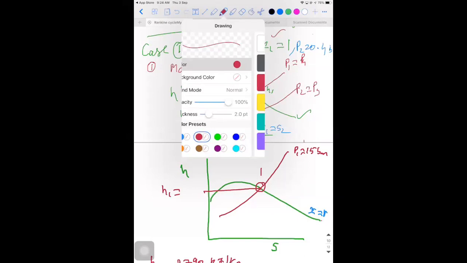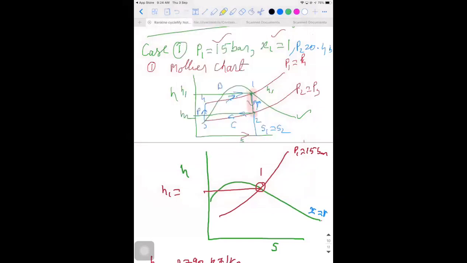This is the isentropic line. Now you are aware this is the point. What is the next step? Simply you have drawn the isentropic line from state 1 perpendicular to this s-axis.